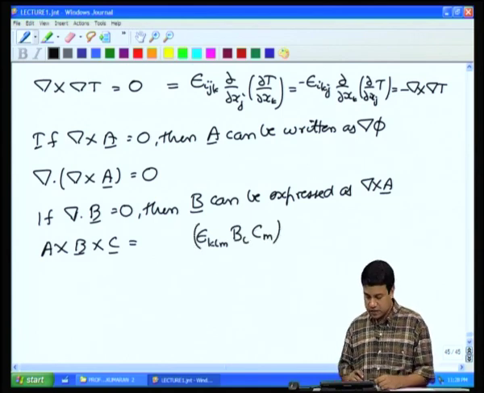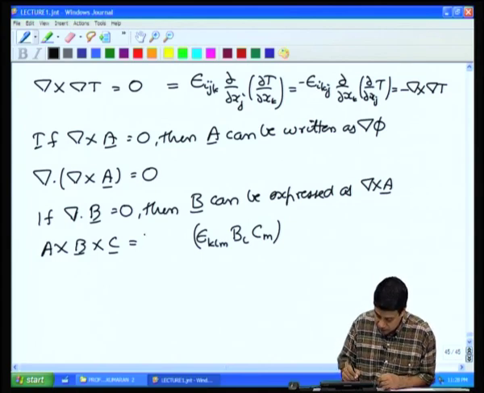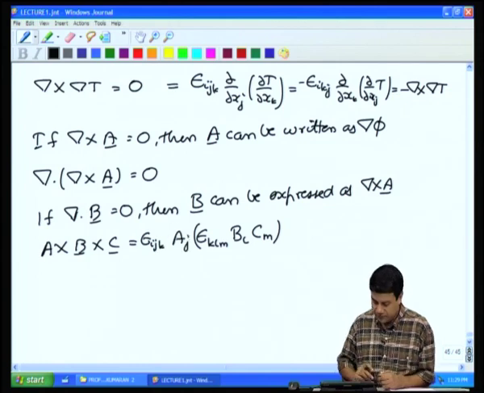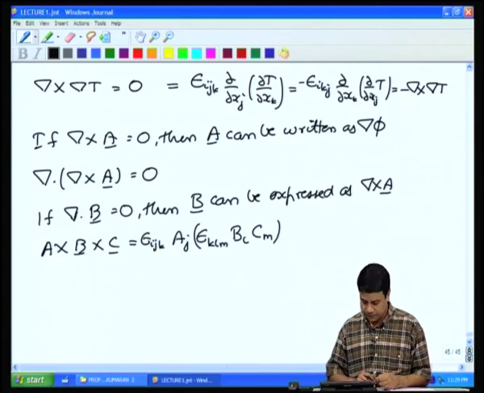So this is B cross C, a vector which has direction k, and I am taking A crossed with this vector. When I take A cross with this vector, I get epsilon I j k A j times epsilon k L m B L times C m.